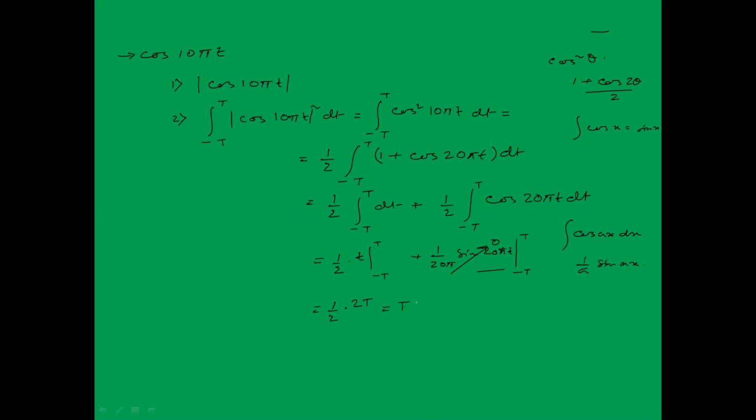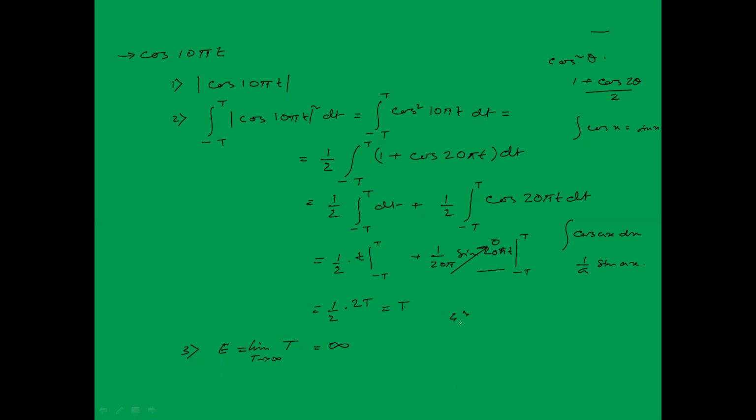Okay, so now you got the power and energy, step 3. That is energy. So I am getting this one, the limit as T tends to infinity, so it is infinite.